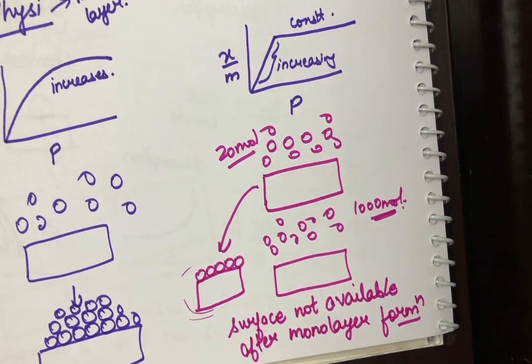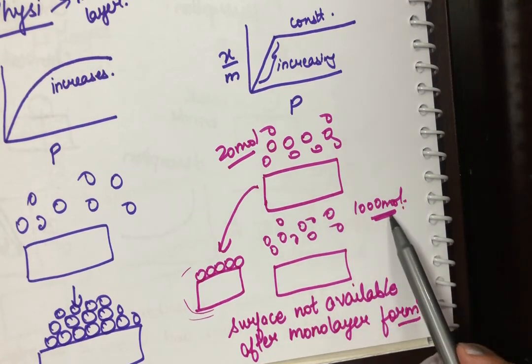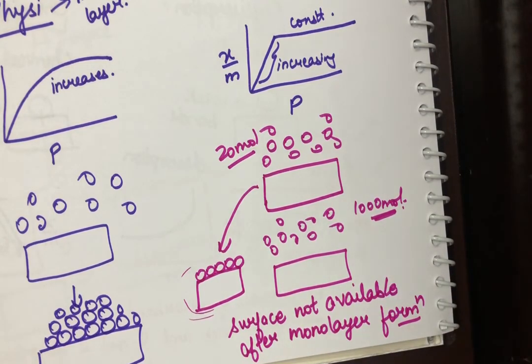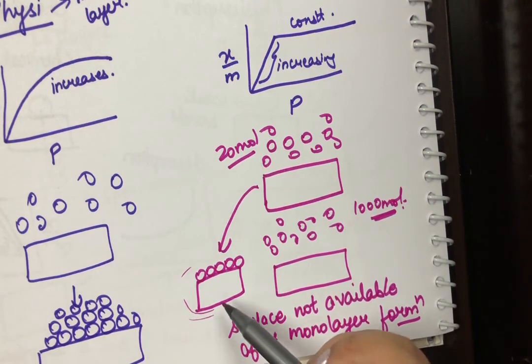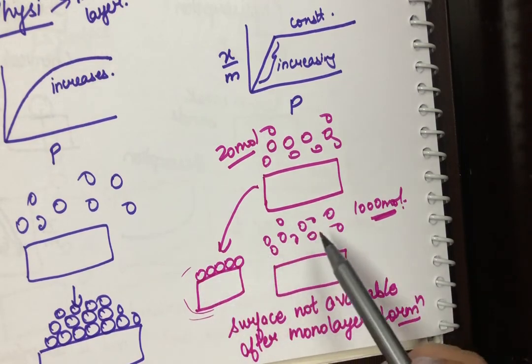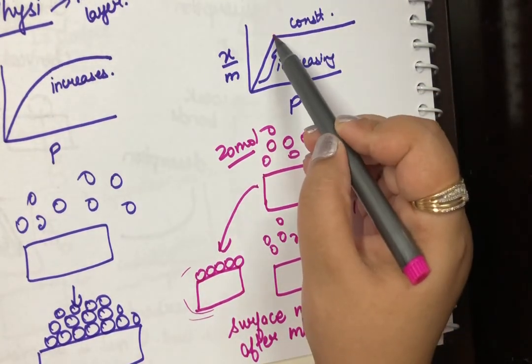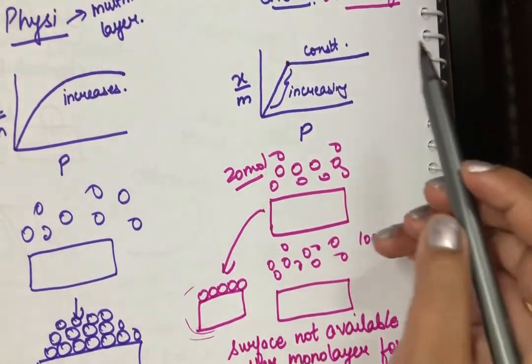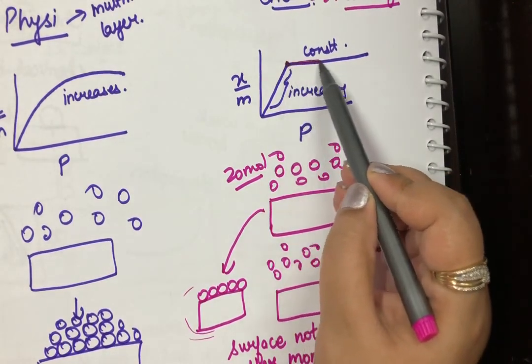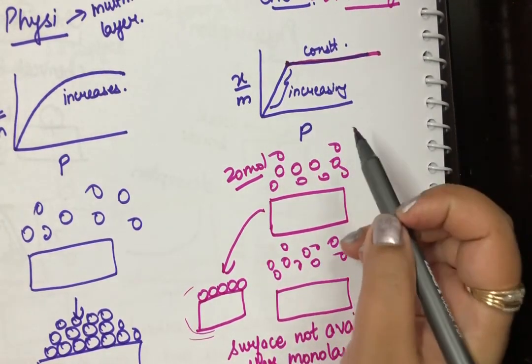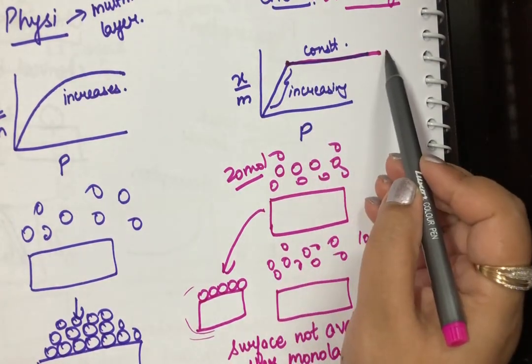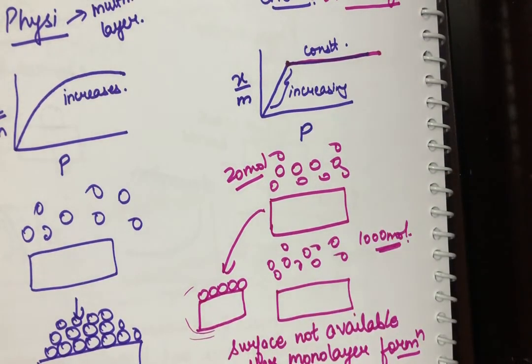So since the surface is not available, even if you bring 1000, 2000, 30,000 molecules, there is not going to be any more adsorption. The saturation has been achieved. The lack of availability of the surface for adsorption is happening, so therefore there is no more adsorption that can occur. Once you have reached the maximum adsorption here, even if you apply more pressure, if you bring more number of molecules, the extent of adsorption is constant because the surface is no more available.